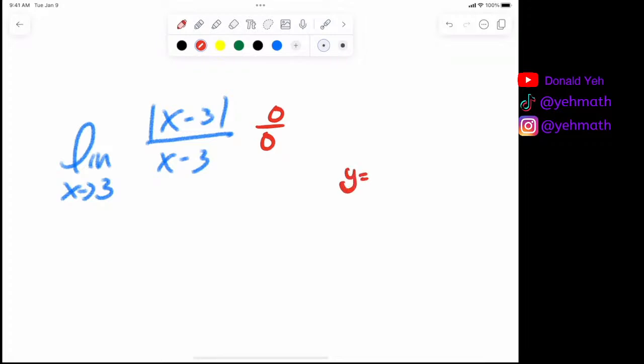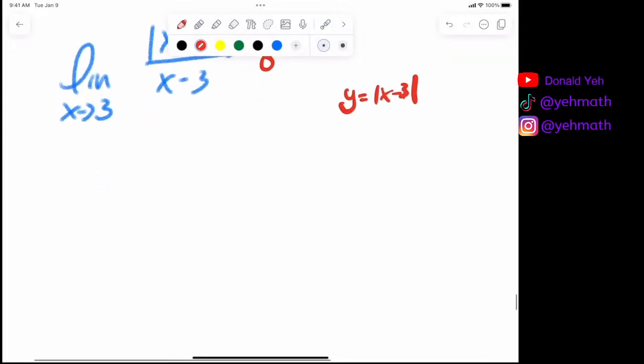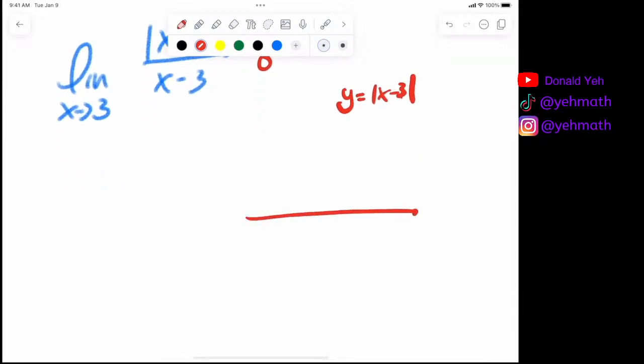So let's graph y equals absolute value of x minus 3. Does anybody know how to graph y equals the absolute value of x minus 3? Go over 3, right. So it's going to be 1, 2, 3, like this, because inside the parentheses it goes in the opposite direction.